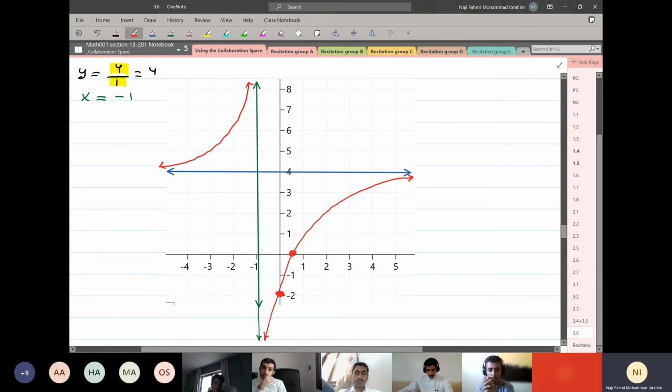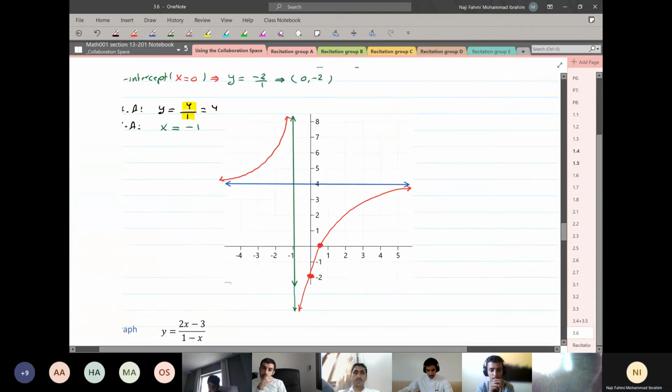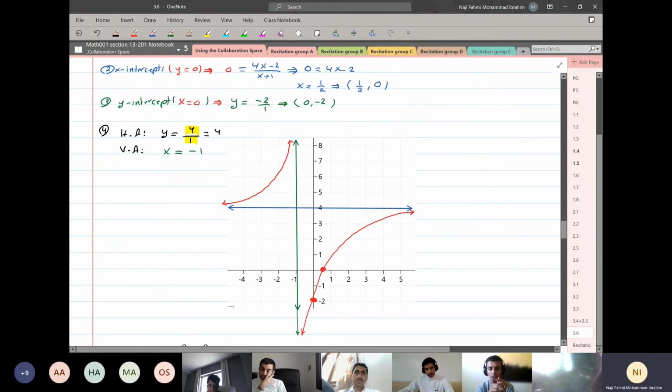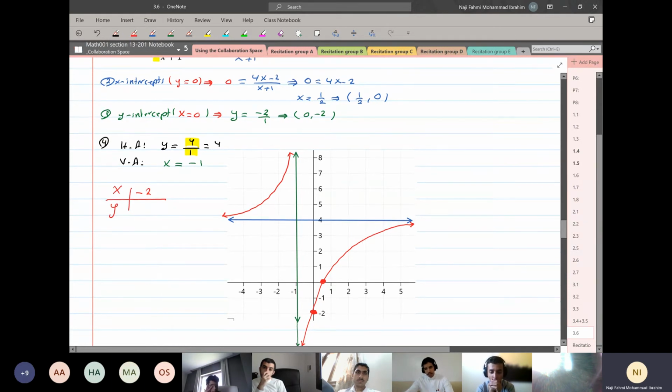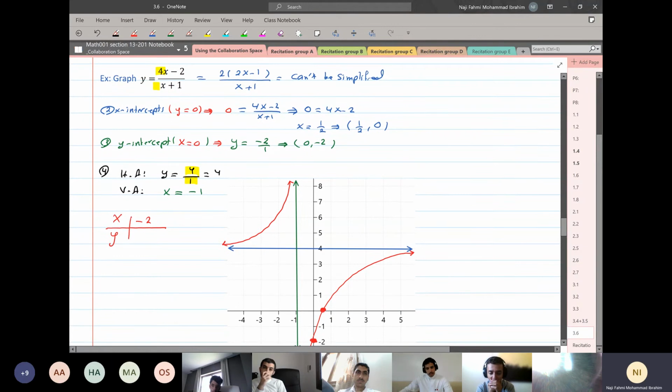The answer is yes. But now, if you want to be more accurate, you can take a value for x which is less than -1. Can I take a value for x less than -1? Let's say -2. What will the value of y be if x is negative? Substitute -2 on top. -8. -10.